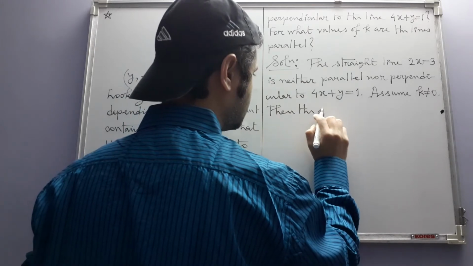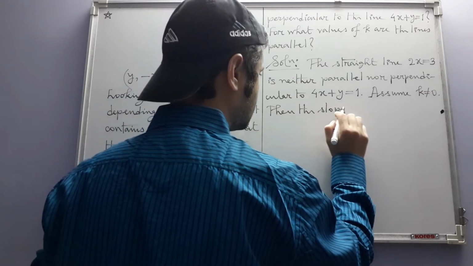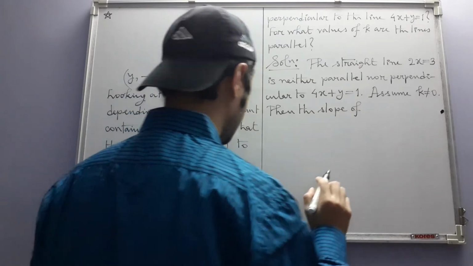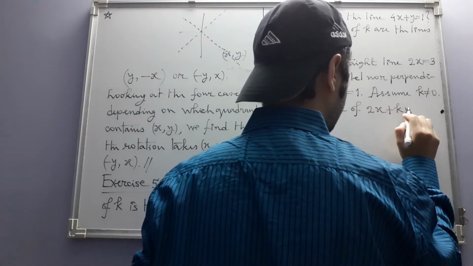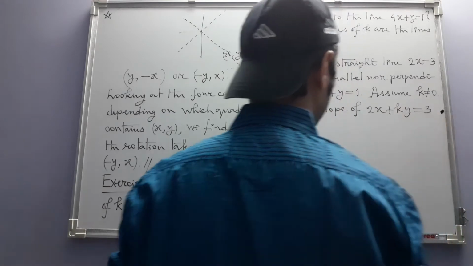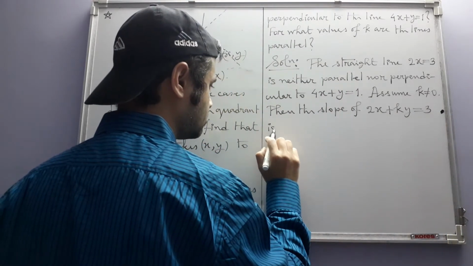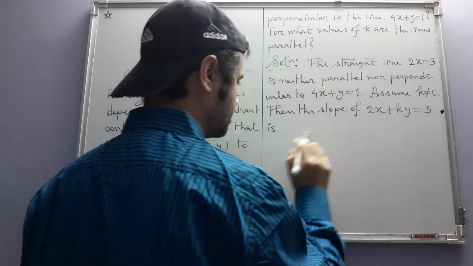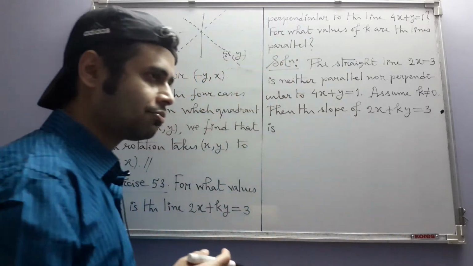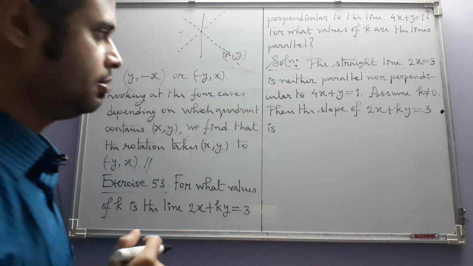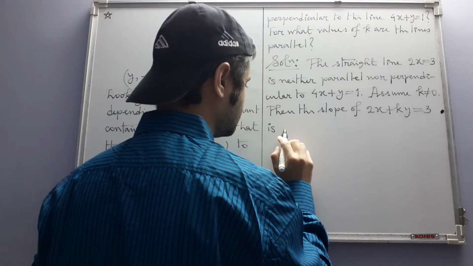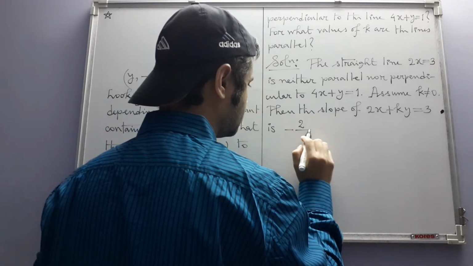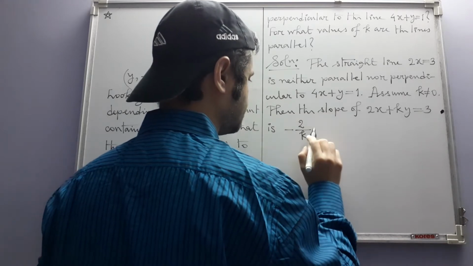Then the slope of the straight line 2x plus ky equal to 3 is, if you manipulate the equation a little bit, bring it in the form y equal to mx plus c, then reading off m you get m is minus 2 divided by k.